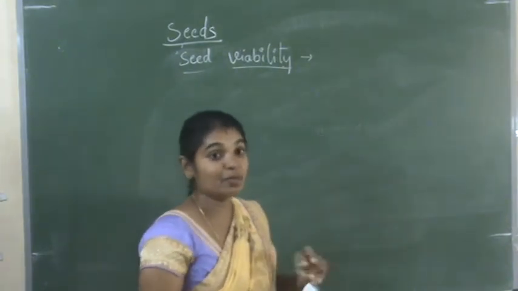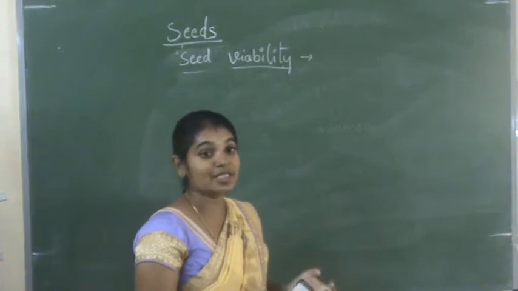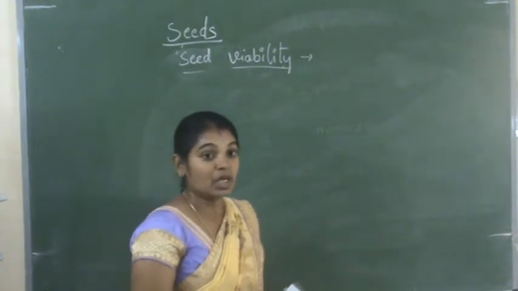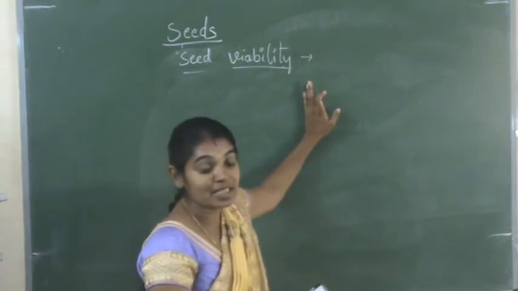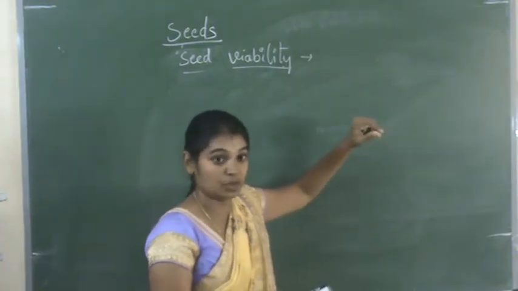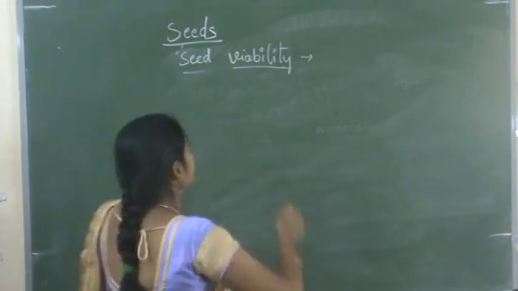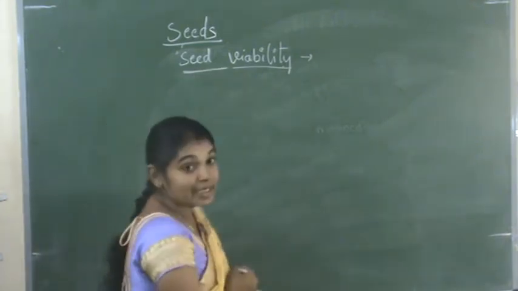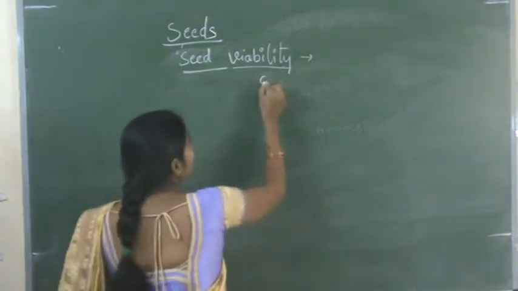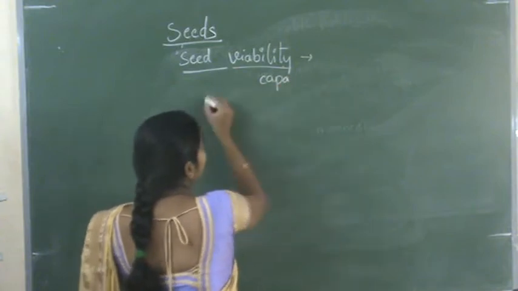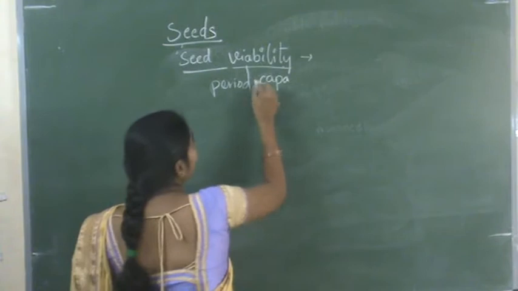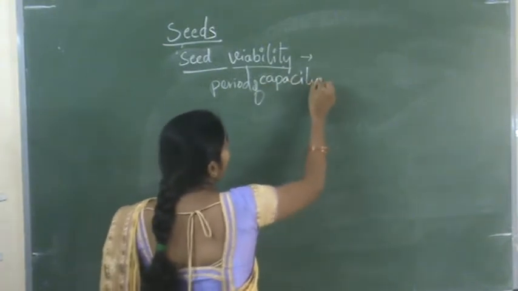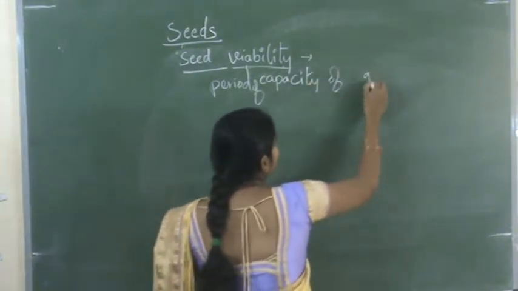It is different for different seeds. Some seeds may germinate within a few days and cannot be stored, while the germinating capacity of others lasts for some years. Seed viability is the period of capacity of germination.